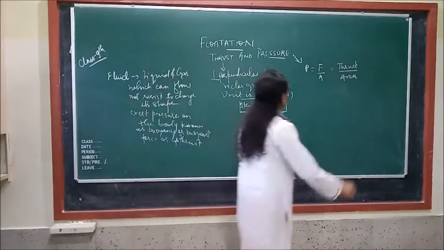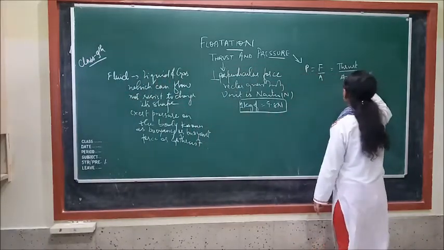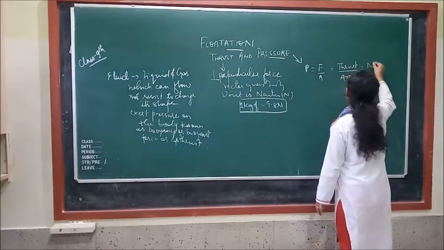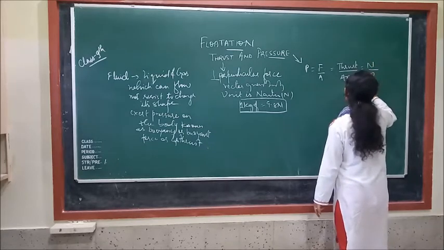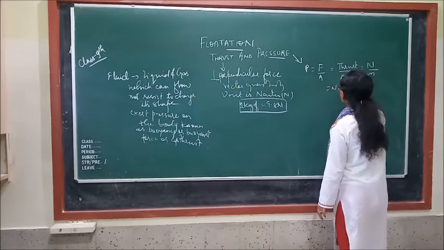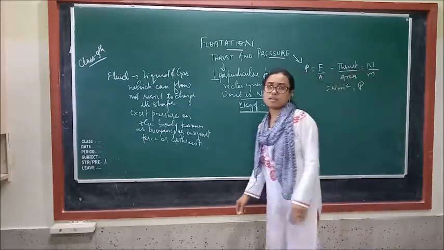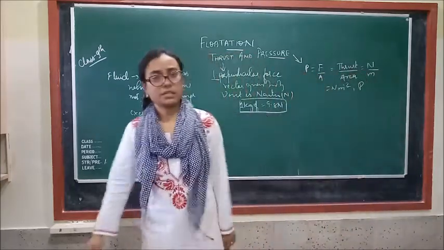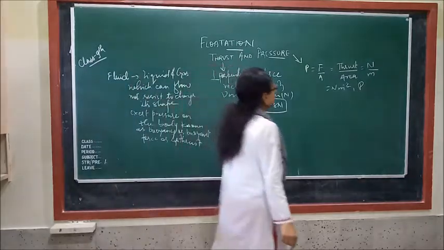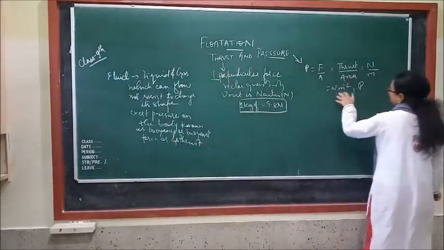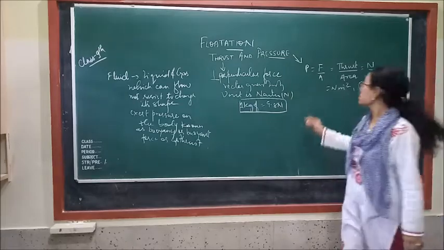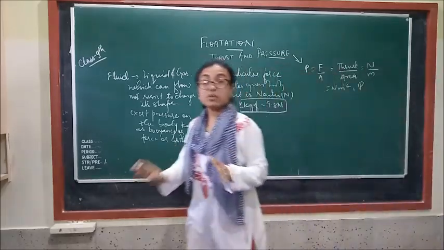Now, this is Newton and this is meter squared, so the unit is Newton per meter square, or you can write it as Pascal, named after the scientist. So the pressure is perpendicular force.